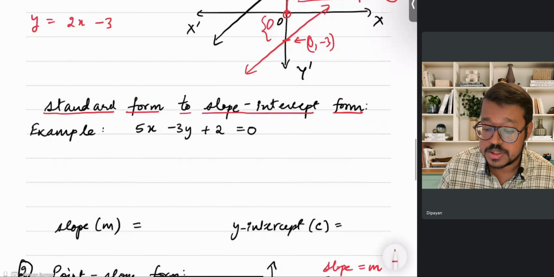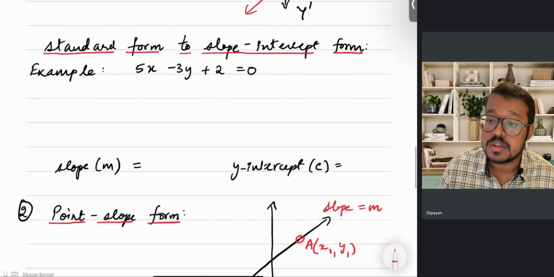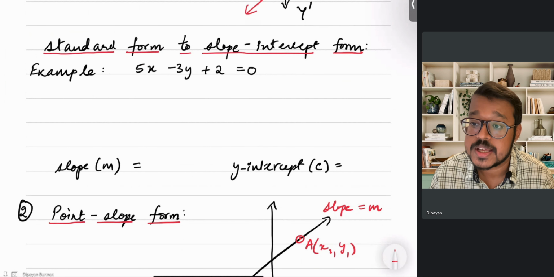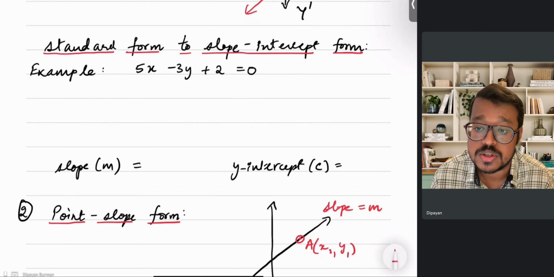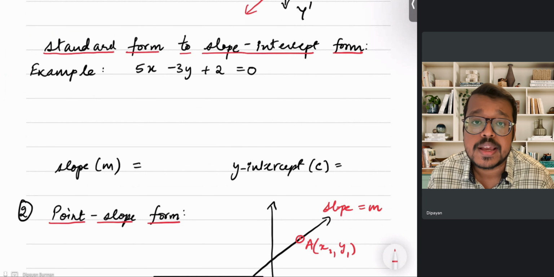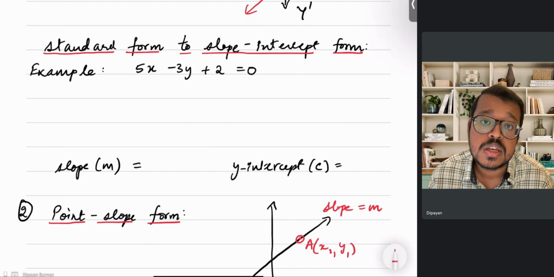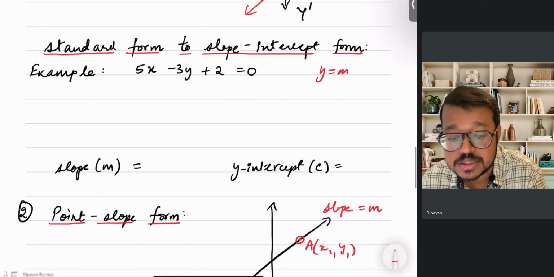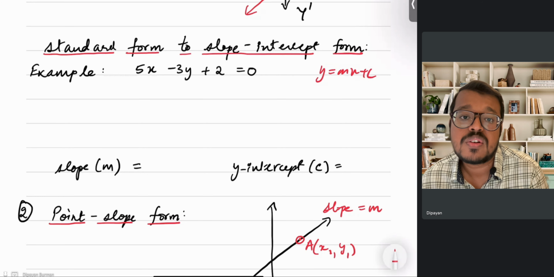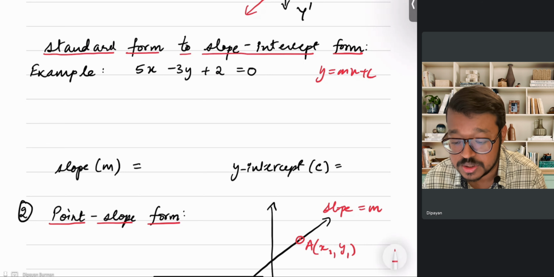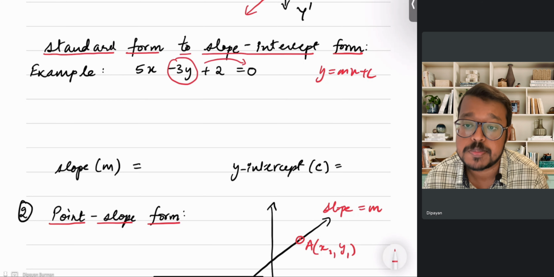Then suppose I know any form of an equation but not the slope-intercept form. For example, we have the standard form given to us, 5x minus 3y plus 2 equals 0. I can always rearrange the terms into the slope-intercept form, which is y equals mx plus c. So I want y on one side and everything else on the other side. Looking at this equation, the minus 3y, if I move it to the other side, becomes plus 3y.